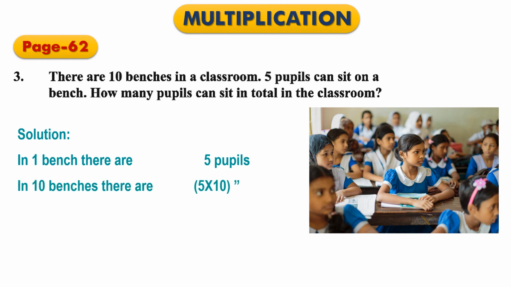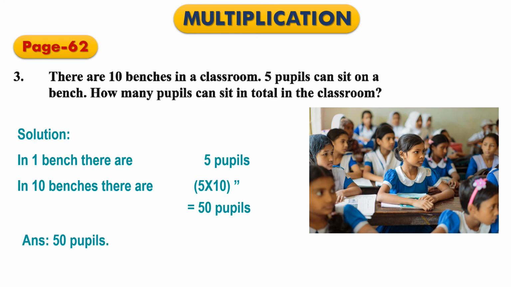So in 10 benches, how many pupils will there be? We know it will be more. That's why we need to do the multiplication, and I have written 5 multiplied by 10. As you know the multiplication table of 5, we know the answer will be 50, because 5 tens is 50. So the answer will be 50 pupils.